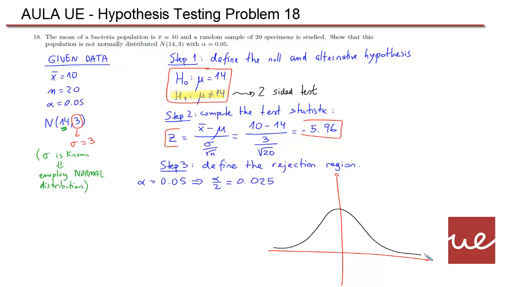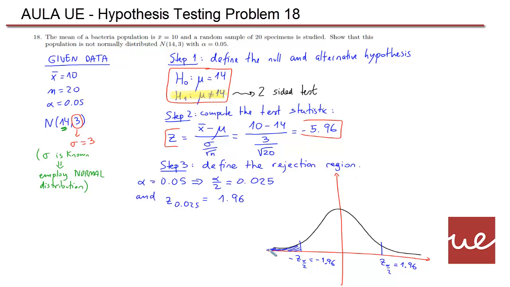These two values are just z of alpha halves, and for this particular example, z of 0.025 in the right part is going to be 1.96, and the same value with negative sign for the left part. Let me just remark that z of 0.025 is just equal to 1.96 because that is the value that leaves the probability of 0.975 from minus infinity up to this given value z alpha halves. This is something that we have studied in detail in previous videos.